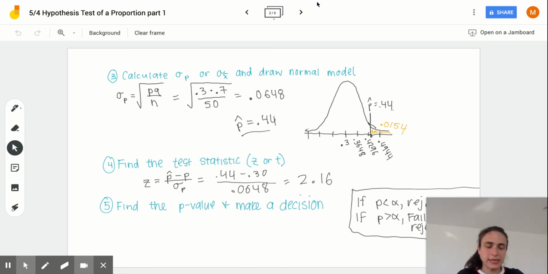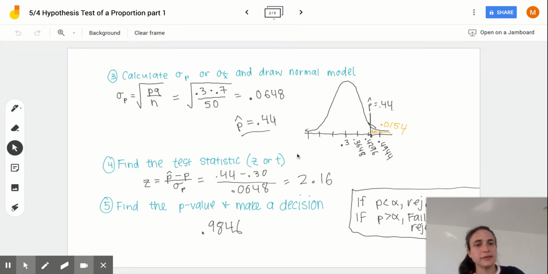So I'm going back here, 0.9846, and then you need to decide if you're going to subtract that from 1. If you've shaded to the right side right here, you do need to subtract from 1.